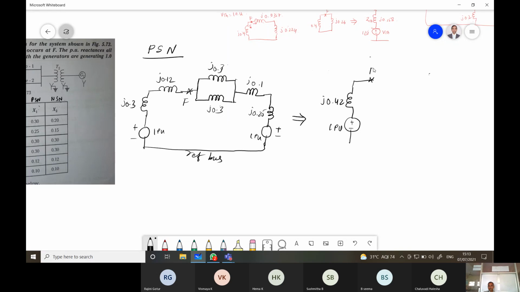Fault occurred is here. And the remaining 0.3 and 0.3 are in parallel, you will get 0.15. 0.15 plus 0.1, 0.25, plus 0.25, that is 0.5.